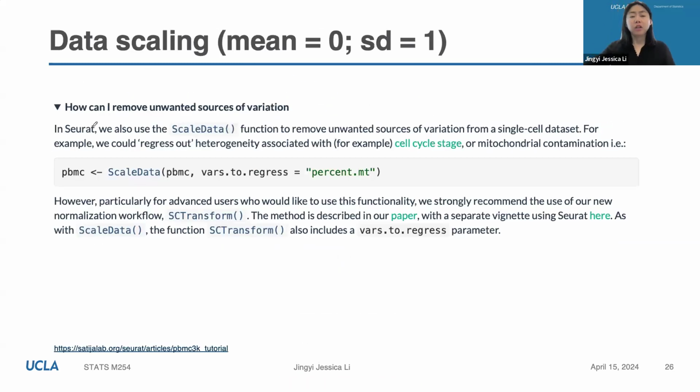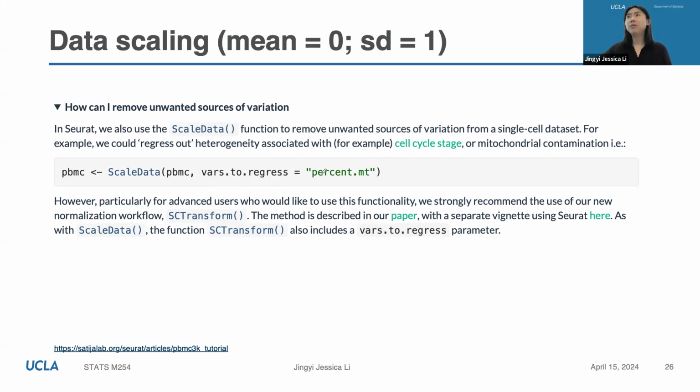Okay. So in Seurat, we can also use the scale data function to remove unwanted sources of variation from a single cell data set. For example, we could regress out heterogeneity associated with cell cycle stage or mitochondrial contamination. You have this argument in scale data called vars to regress, variables to regress out.